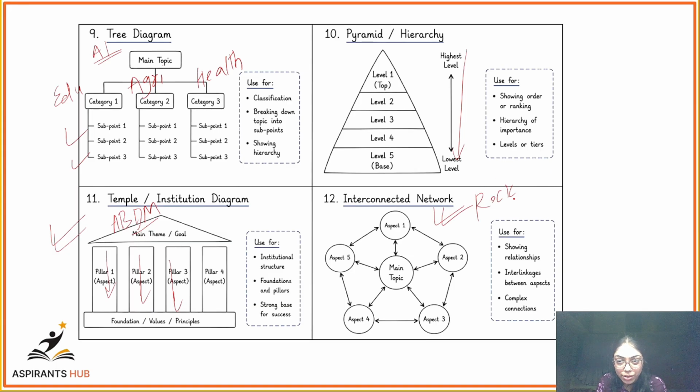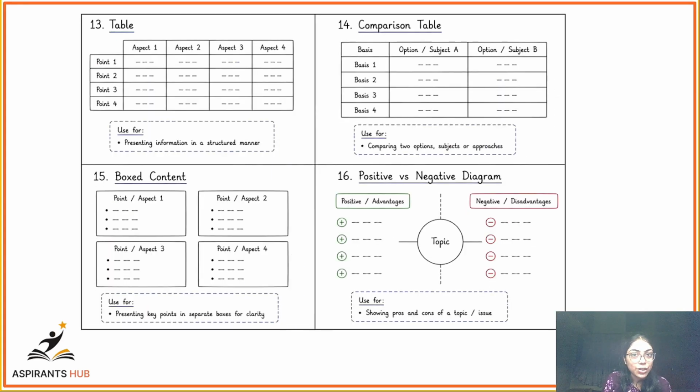You cannot draw all those things, so a very easy representation is to make such diagrams. Then you have comparison tables and boxed content. You can use them in n number of ways. Just use your mind, the creative aspect will flow out.